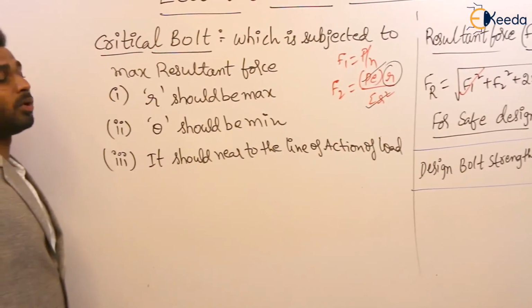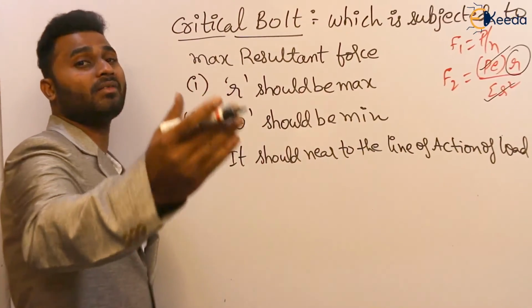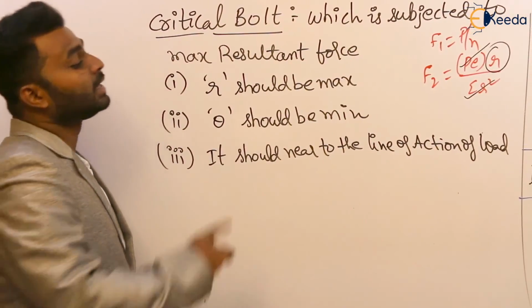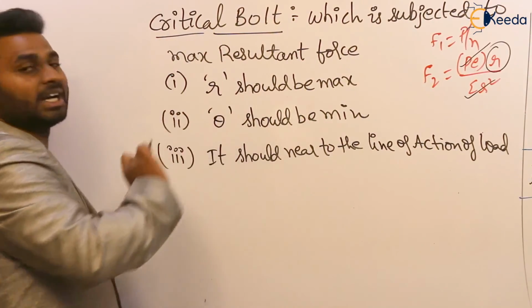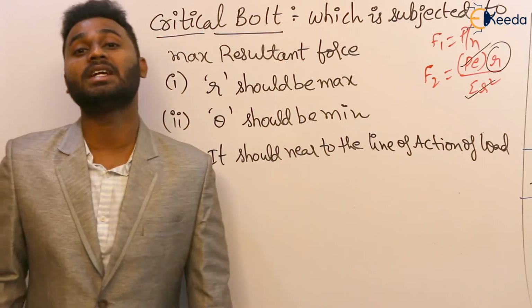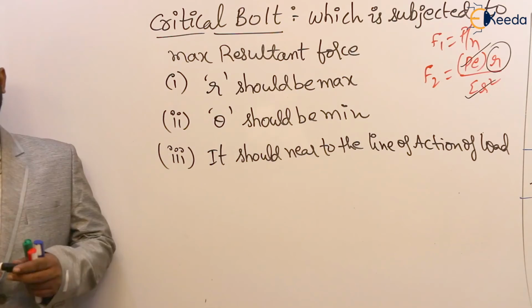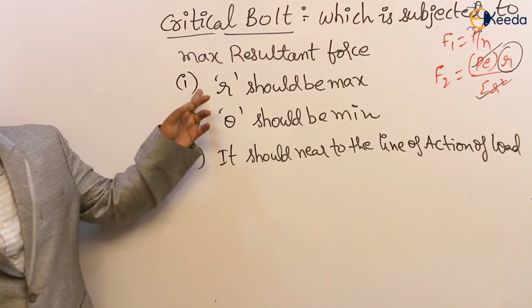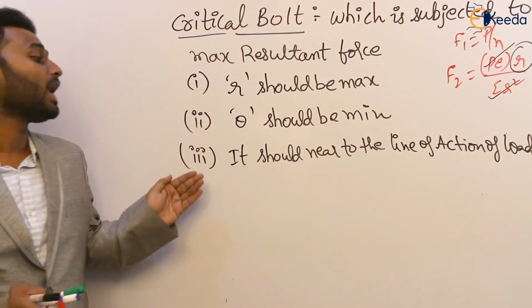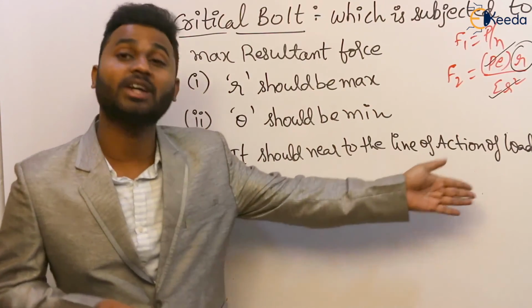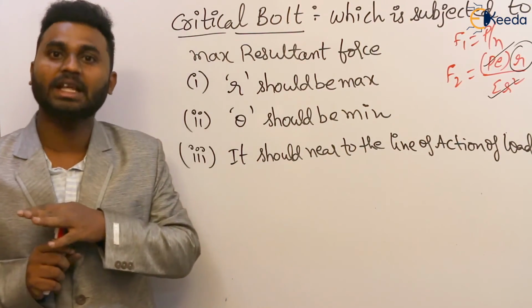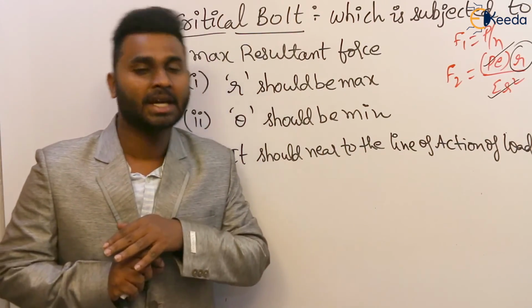It means the bolt which lies near the line of action of that force is critical. So these are the three conditions for a bolt to be considered a critical bolt. So what are the three conditions? R should be maximum, theta should be minimum, and it should lie near the line of action of force. That's it. Okay.